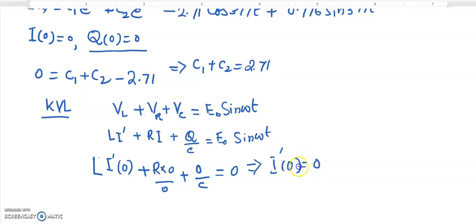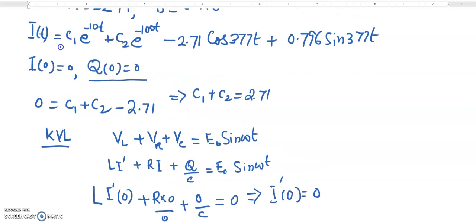So now we can apply this condition to our solution. We need to take the derivative of that. Let's take this derivative.